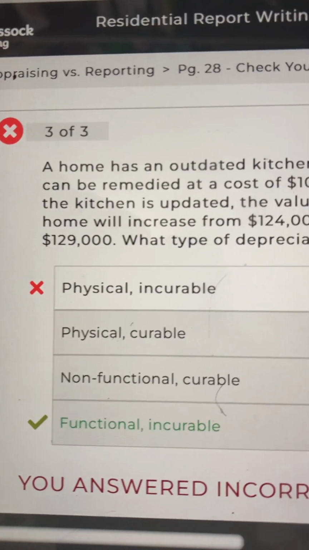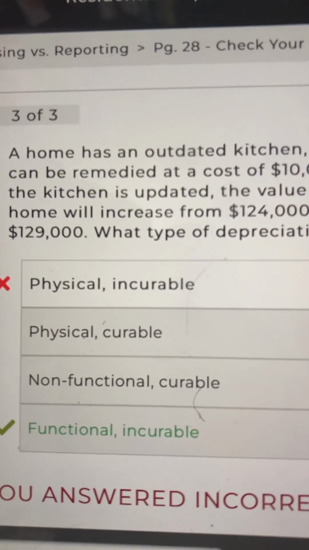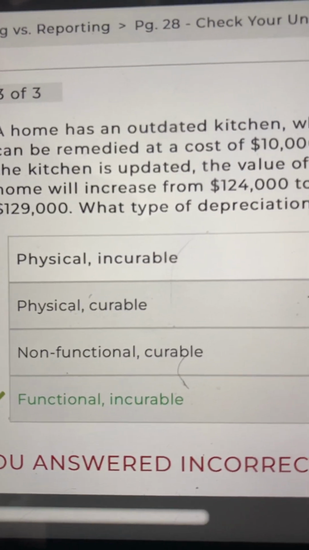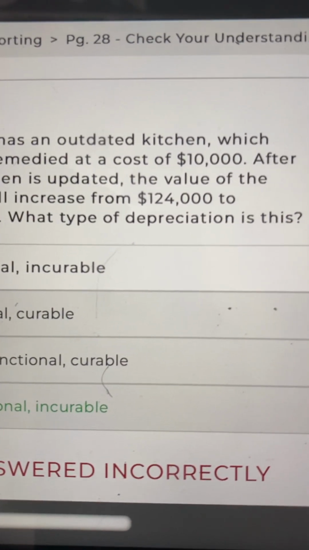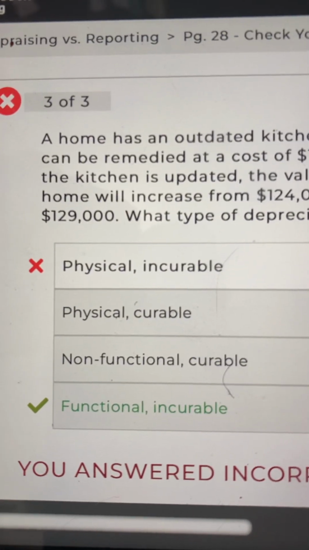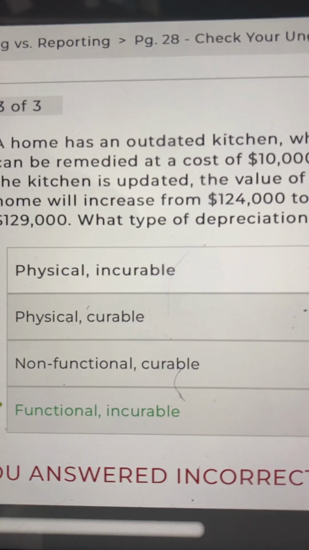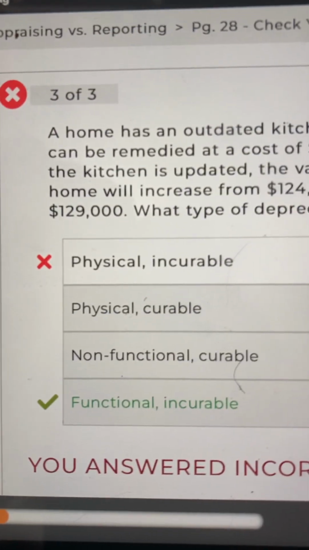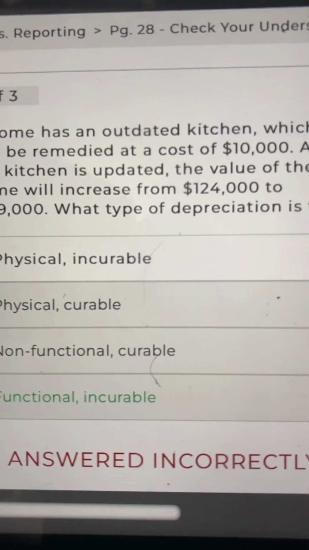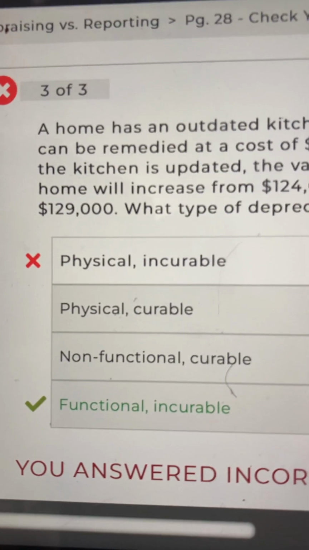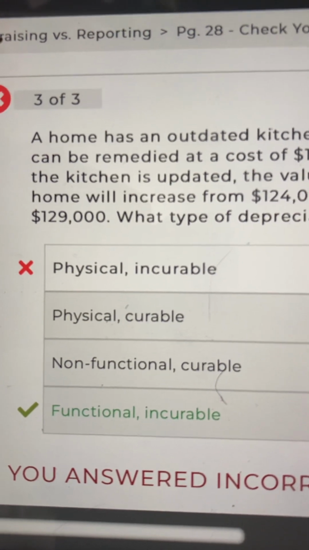Number 3, a home has an outdated kitchen, which can be remedied at a cost of $10,000. After the kitchen is updated, the value of the home will increase from $124,000 to $129,000. What type of depreciation is this? You said physical and incurable, and that was incorrect.